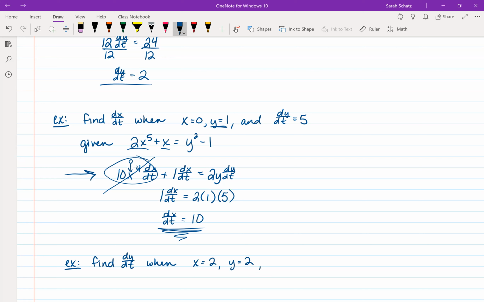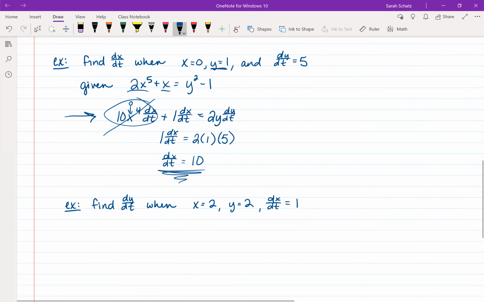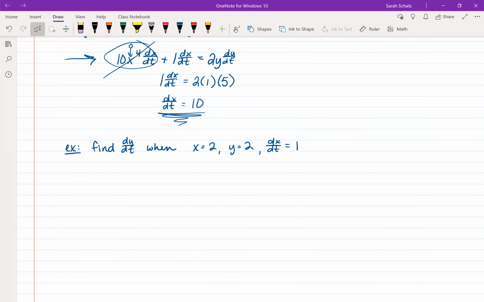I know dx/dt this time, and it equals 1. My equation that relates x and y to each other is xy equals x plus y.